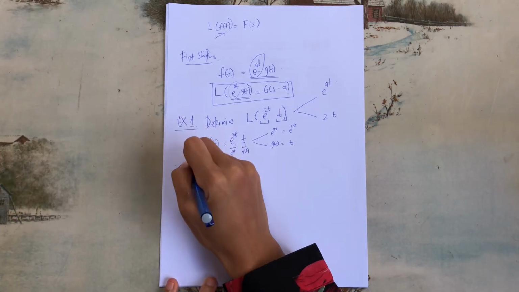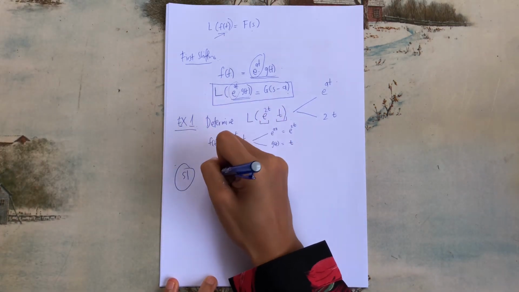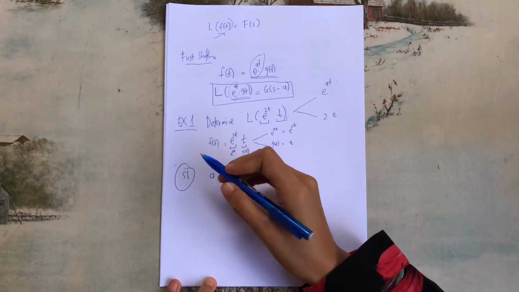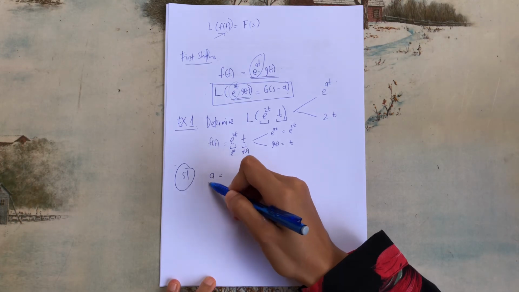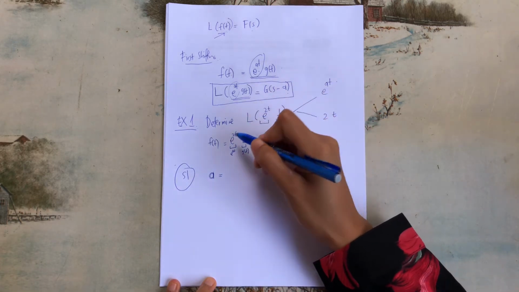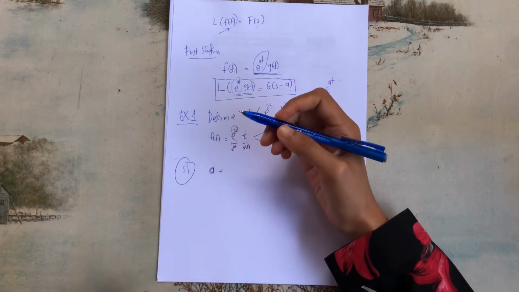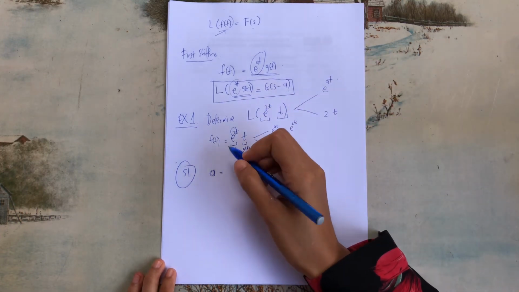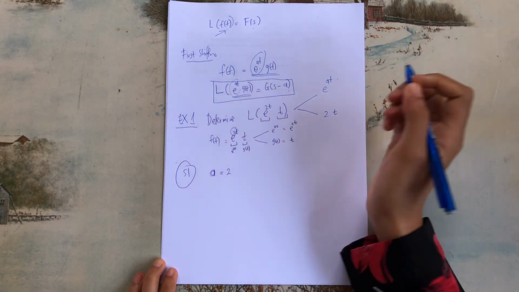So what is our first step? Determine what is your a. Where does our a come from? Macam mana dapatkan a ni? This a comes from the power of the exponential just now, e^(at), right? So what is your a? Our a here is 2.